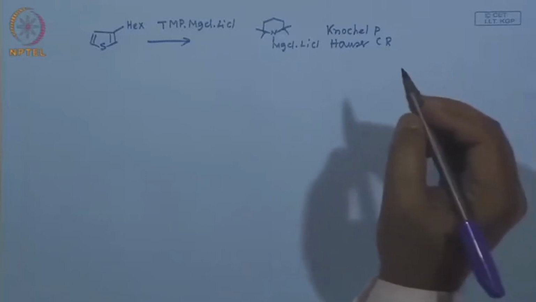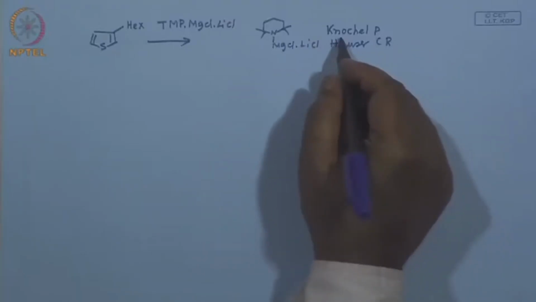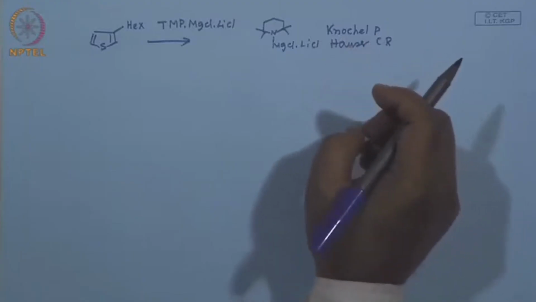In the previous class we learned a new base called the Fort base, and now this one. The compositions are all different, but this is found to be pretty useful. Professor Knochel, I think he is junior to me by maybe 2-3 years, was in the US for some time, then moved to Germany, and throughout his life he has worked on zinc and magnesium.